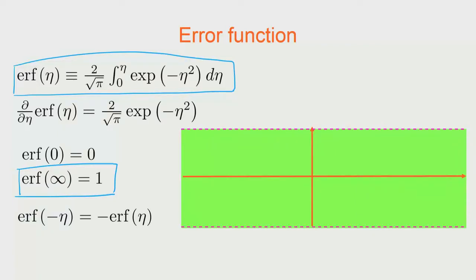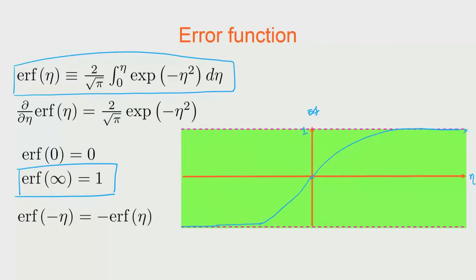This function looks like this. The error function at argument 0 is 0, so starting here, and at infinity it is 1. The error function is in this direction, and η is in this direction. It should look like that, asymptotically approaching 1, and on the other side it would look like that.